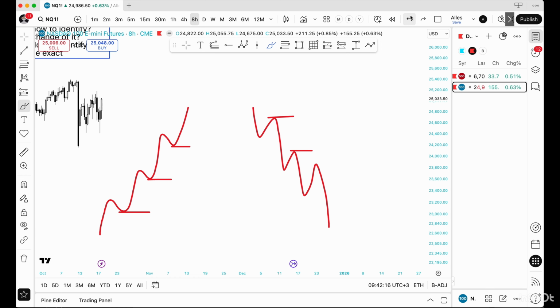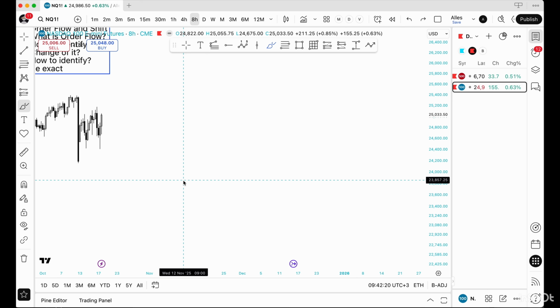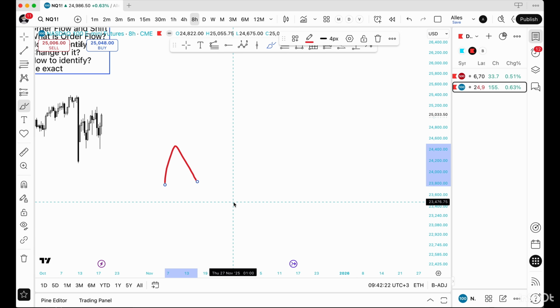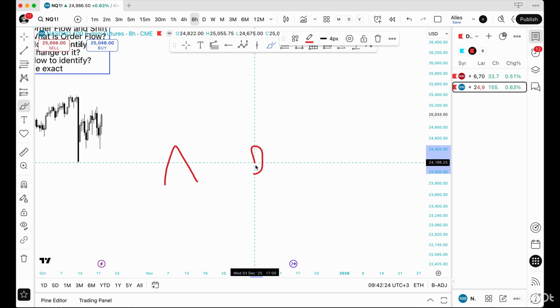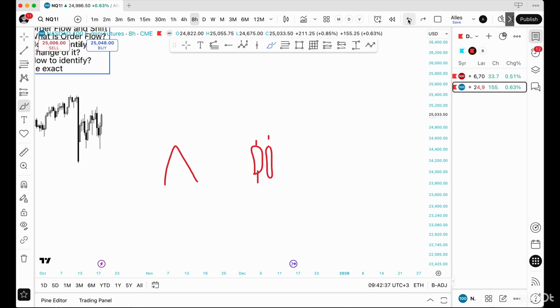So, pretty easily formulated. A high looks like this on the line chart. Well, on the candle chart, it looks like this: we have a bullish candle and we have a bearish candle. Because a bullish candle and a bearish candle look like this. And that's it.